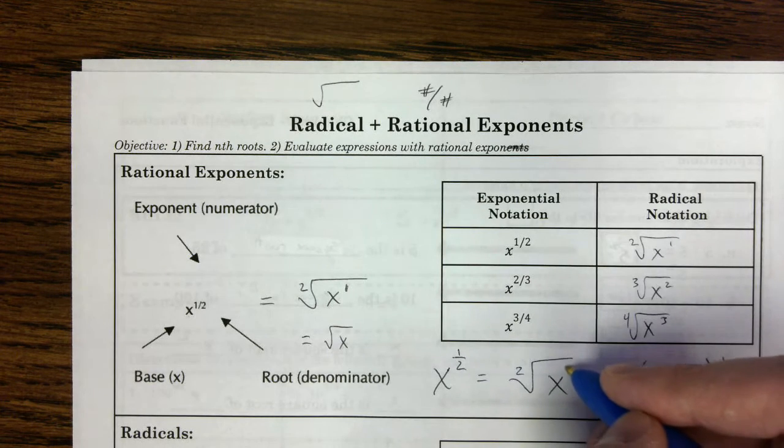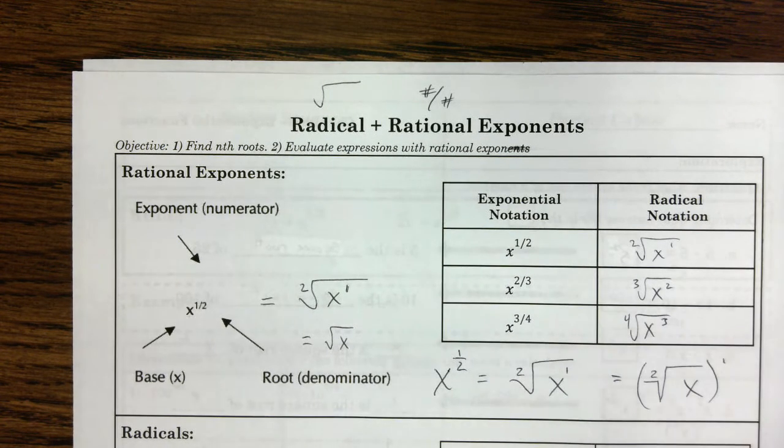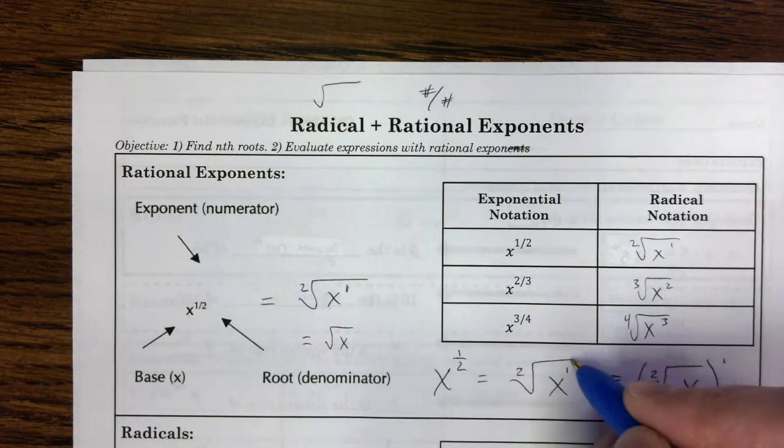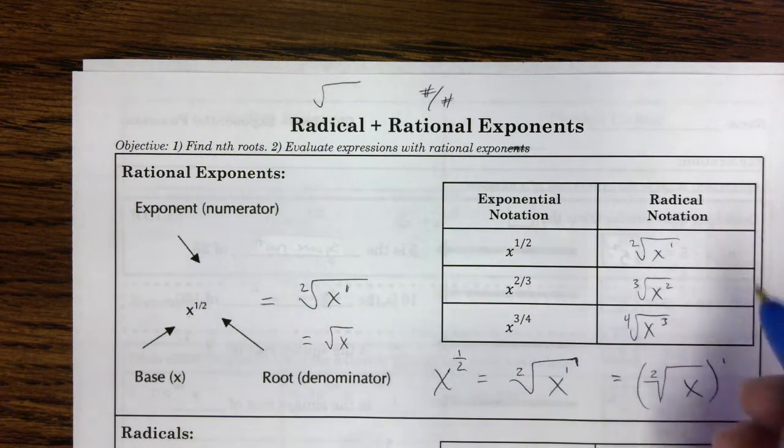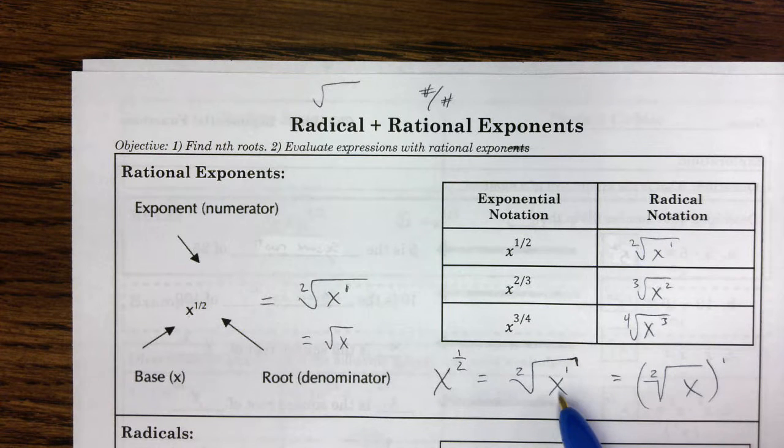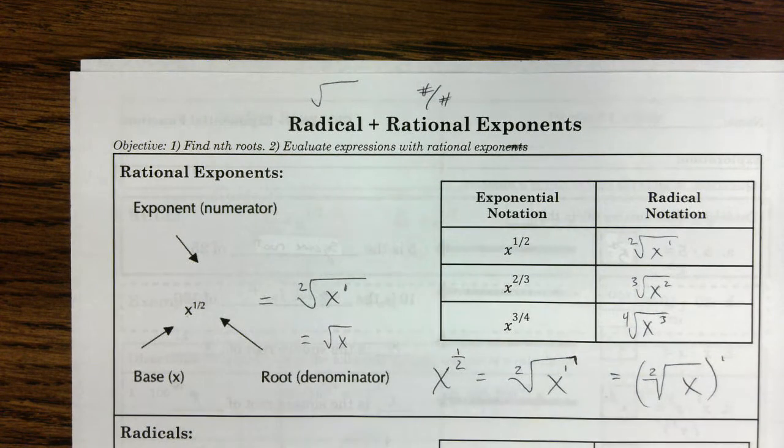In this case, I'm going to raise the first power underneath. The only difference is the order of operations. This order of operations says do the inside first and then do the root. This says do the root first and then take the exponent. Again, this is a trivial example, but sometimes it's quite different. This is the way that makes sense to do if you don't have a calculator and you're trying to evaluate numbers.